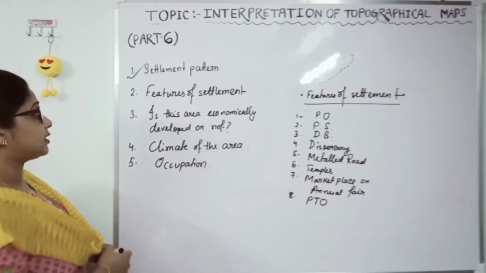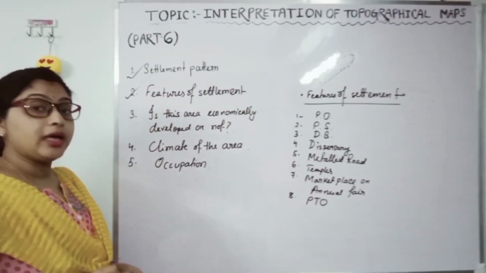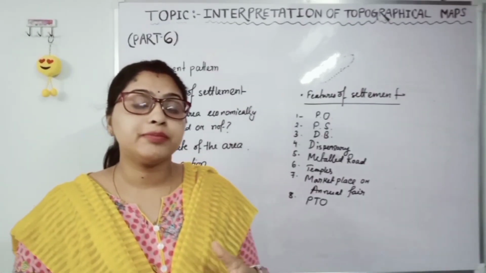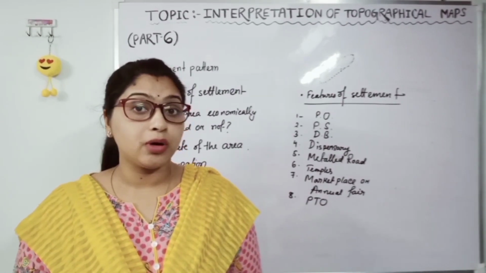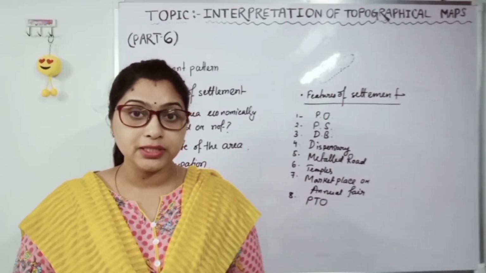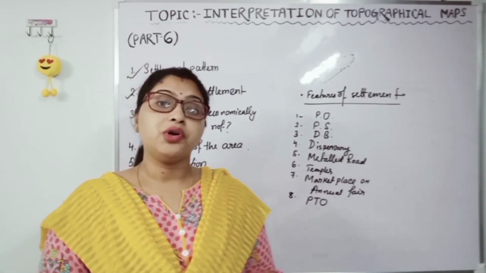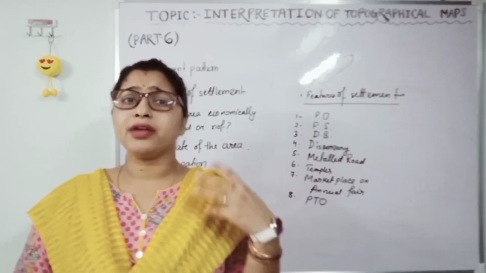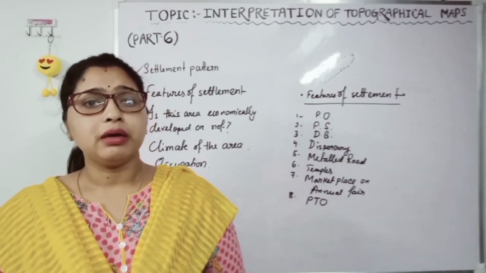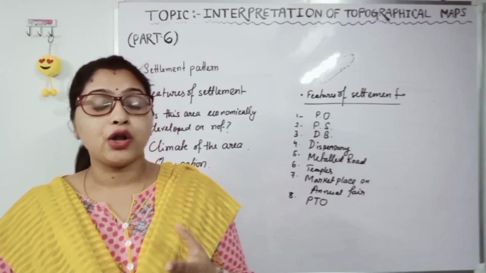Now I will discuss the features of settlement. Here I have just described the different patterns or types of settlement. Now these settlements can be developed, or we can say non-developed.